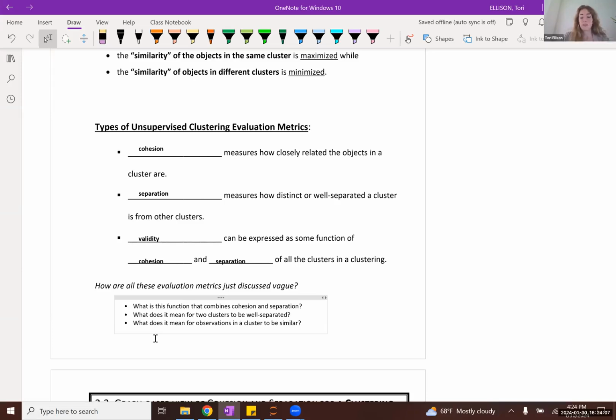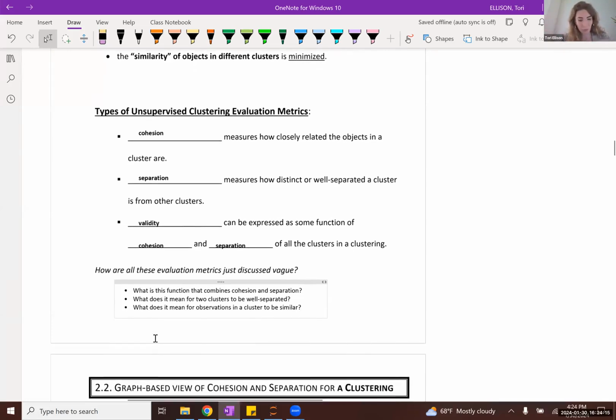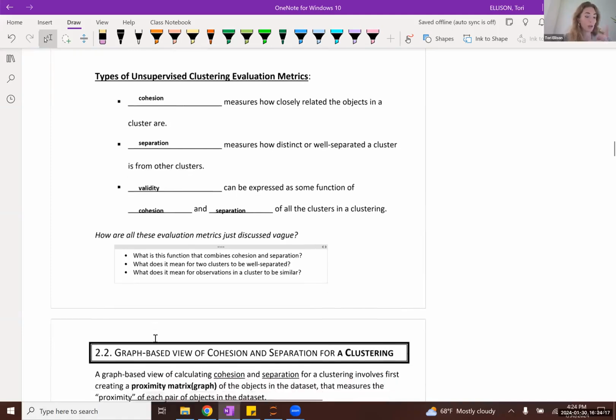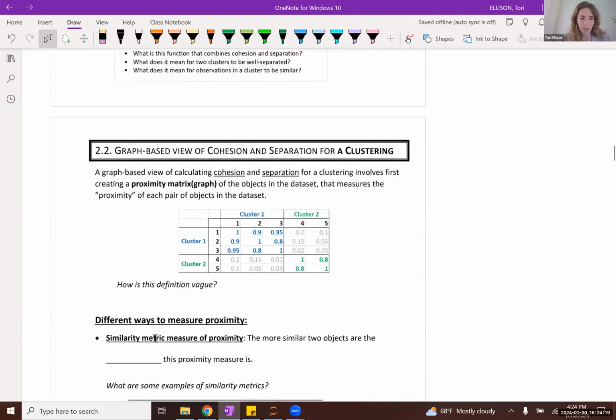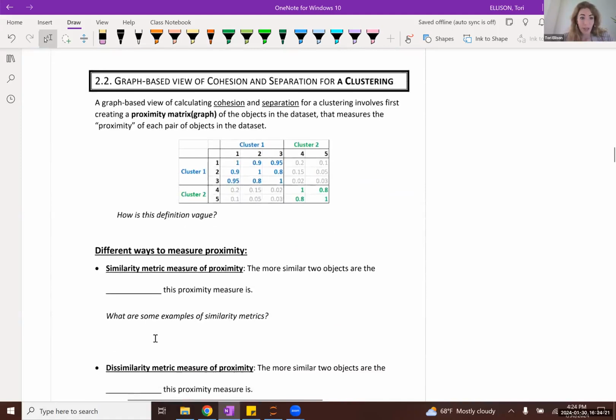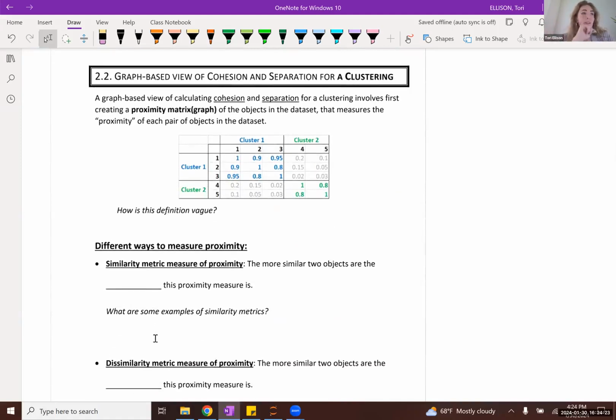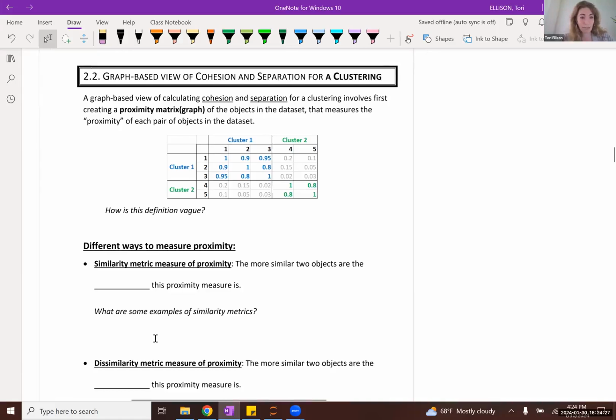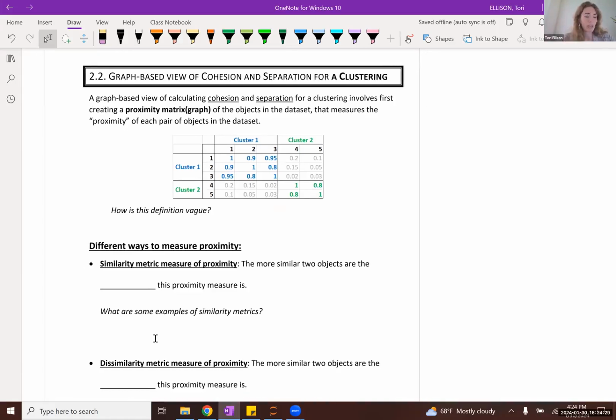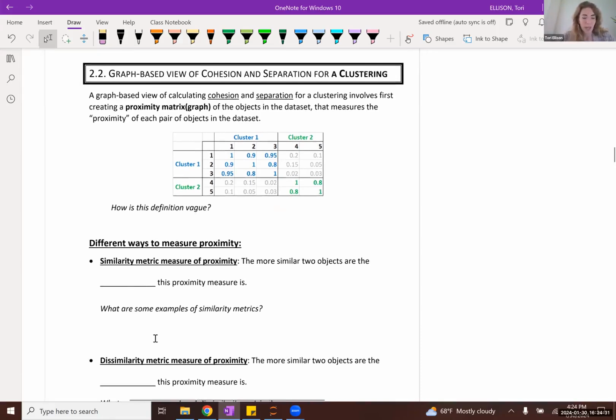Okay. So much like there are many different types of clustering algorithms, there are many different types of unsupervised clustering evaluation metrics, which answer these questions in a variety of different ways. So much in the same way that we have a graph-based definition of a cluster, we also have a graph-based view of cohesion and separation of a given clustering.